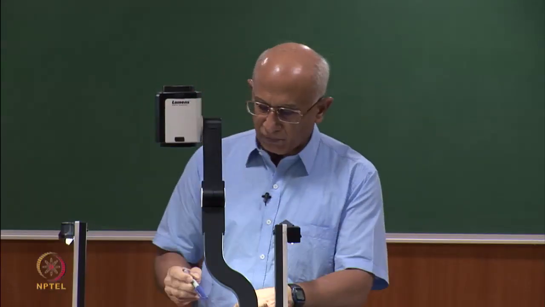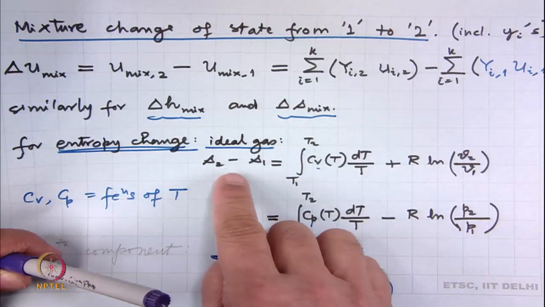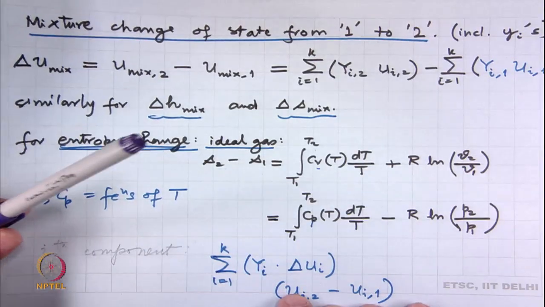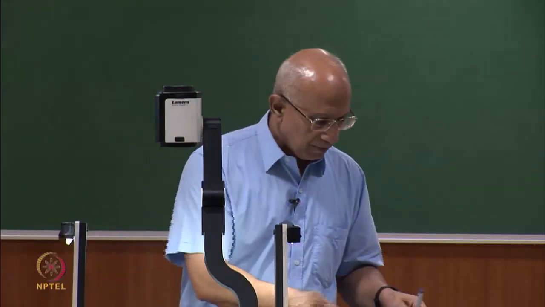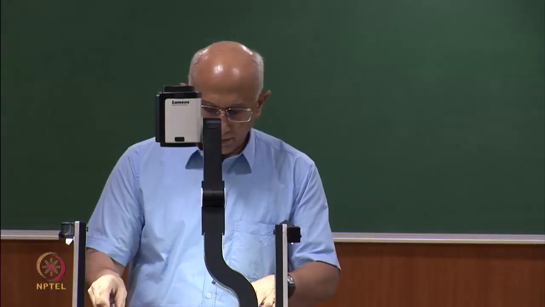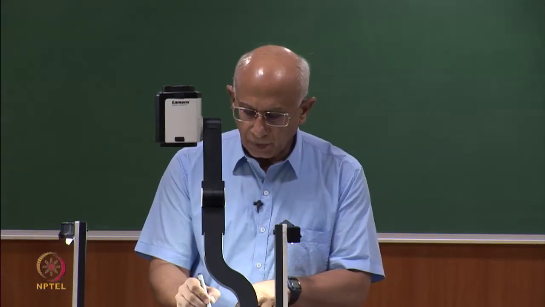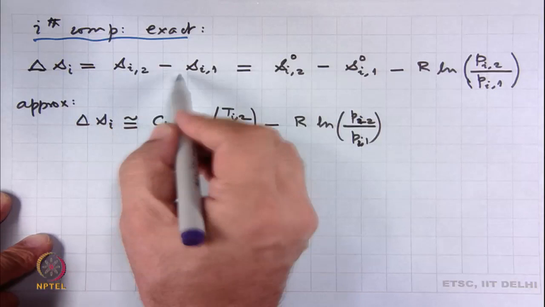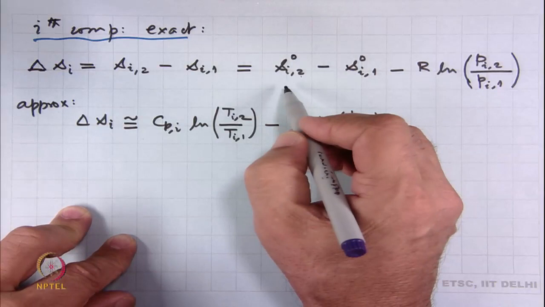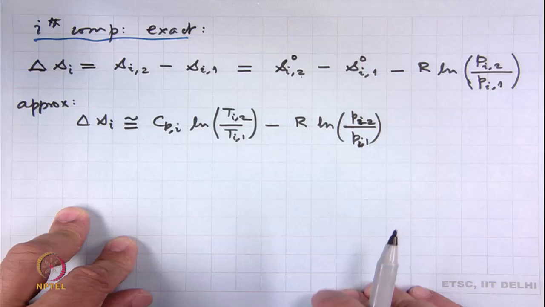Now, the same relation can be written for any ith component by adding the subscript i: Si2 minus Si1 is equal to all of these things. So now, if we want the exact solution for the ith component, then delta Si is Si2 minus Si1, which is Si2 0, the standard state entropy, minus Si1 0, minus R ln Pi2 by Pi1.